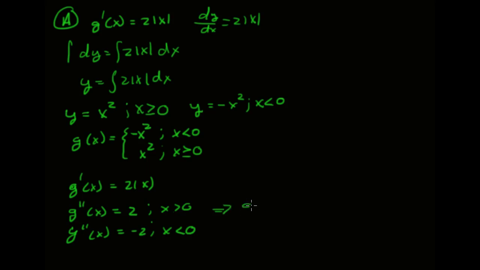So this means that g double prime of x is a composite function where -2 when x is negative and 2 when x is positive does not exist when x is 0. So this one does equal 0 at 0. This one doesn't exist at 0. Okay, so let's look at part B of the problem.